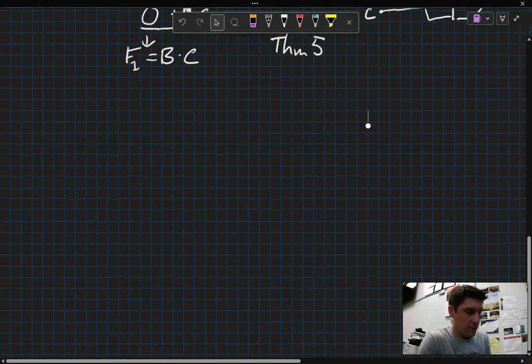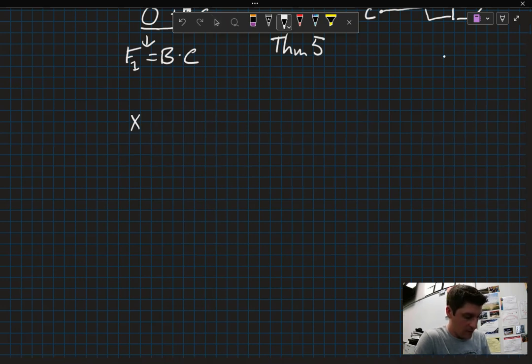Okay, let's do another one. This one's going to be a little bit more work. So x and the quantity x not, or x and y. We'll call this one F2. Okay. So the first thing that I'm going to do is apply theorem 14 and distribute that x out.